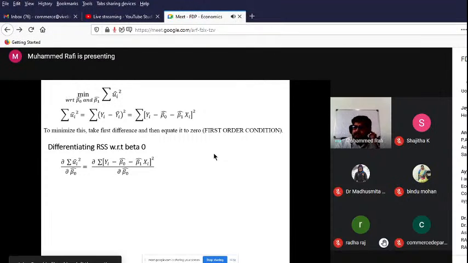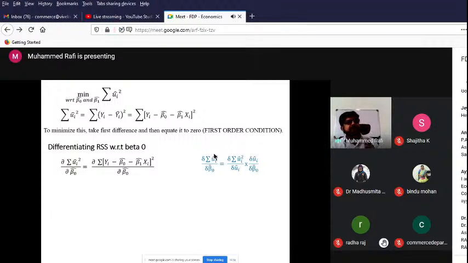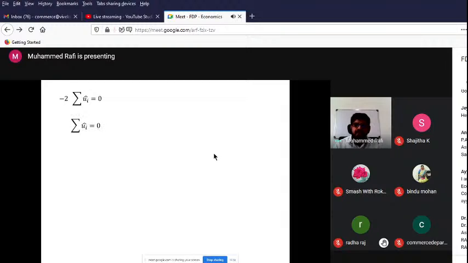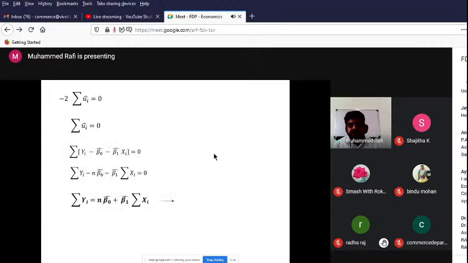So you can write, here what we are actually doing is we apply a chain rule and minimize the residual sum of squares. You take the first order difference of the residual sum of square with respect to beta 0 cap. I'm not taking much time on these equations. So when you go for this differentiation, you get a normal equation.